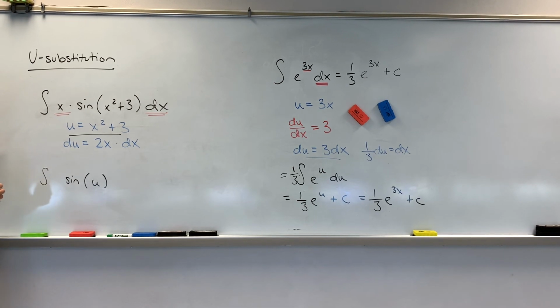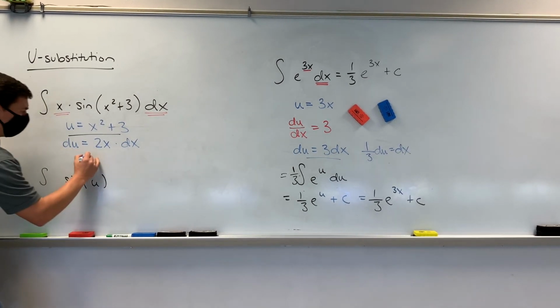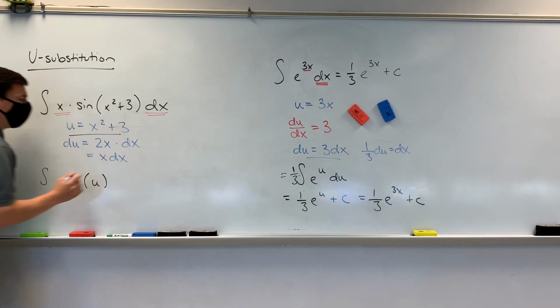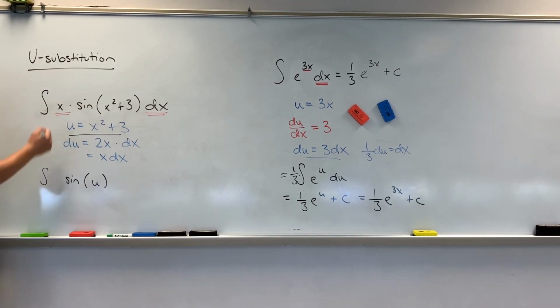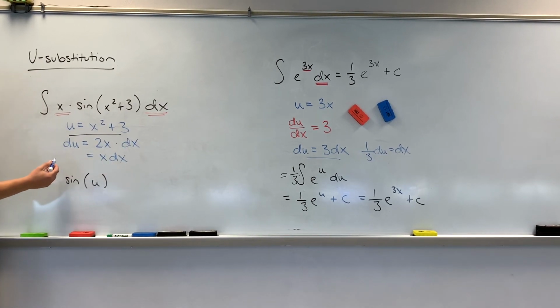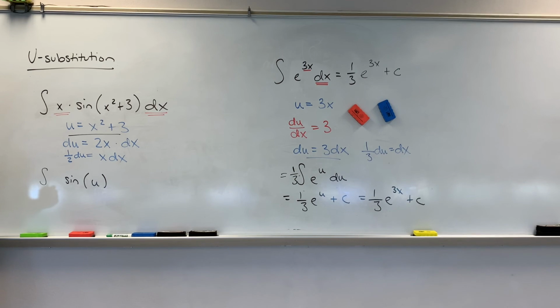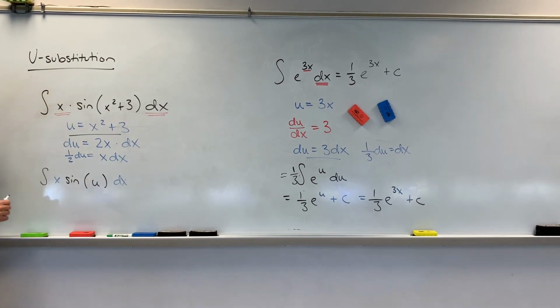So what if I manipulated this du and made it equal to x dx? I can get there by dividing both sides by 2 or multiplying by 1/2. So I have 1/2 du equals x dx.